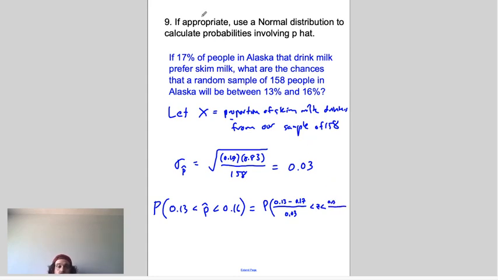0.13, oh no, that's 1. 0.16 minus 0.17 divided by 0.03. So we take our values of interest and we subtract the true proportion, or the parameter, and divide by the standard deviation.